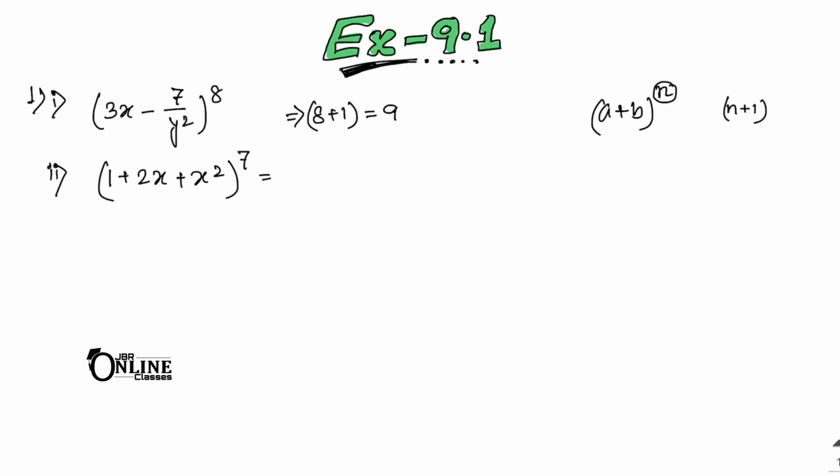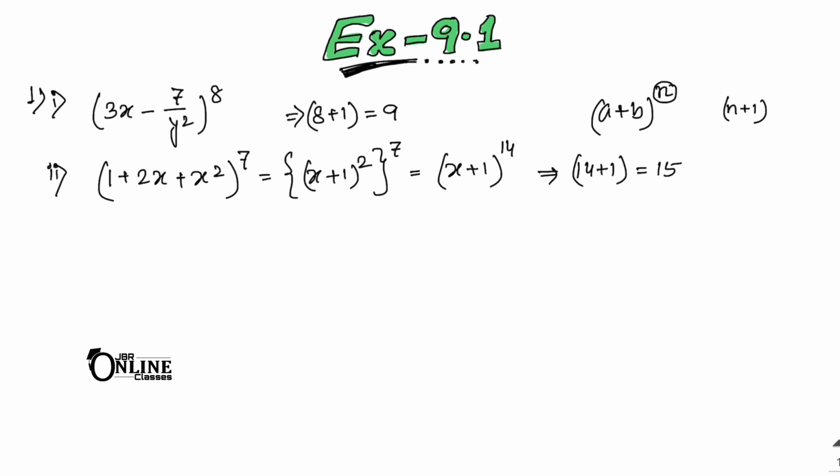As here 1 plus 2x plus x square is the formula of (x plus 1) whole square, and then whole to the power 7, that equals (x plus 1) whole to the power 14. Now here it is a binomial expression. So as 14 is the power, the number of terms will be 14 plus 1, and that equals 15.